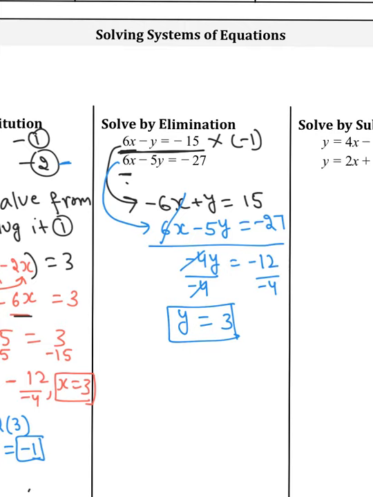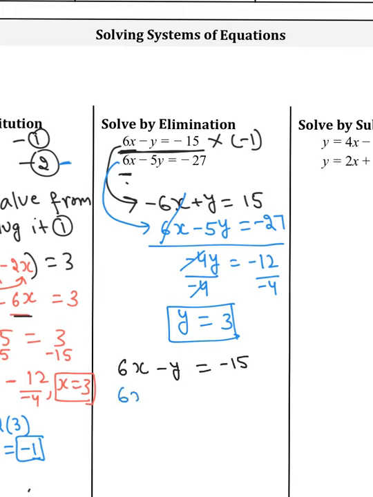Once you get y equals 3, you're not exactly done, but you're going to use this y and plug it into equation number 1. So equation number 1 is 6x minus y equals negative 15. And you use the y value in here.